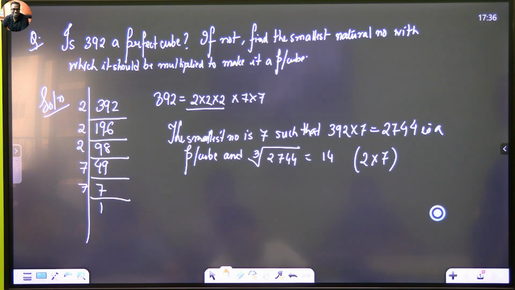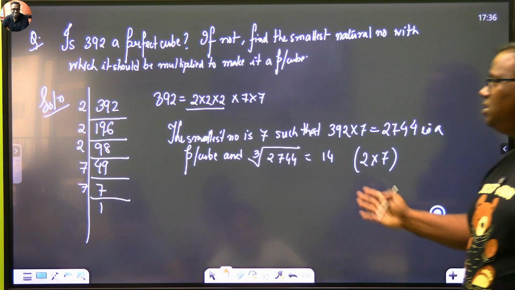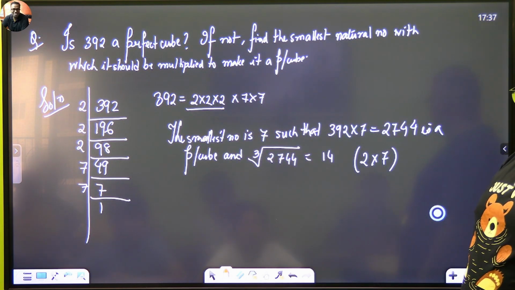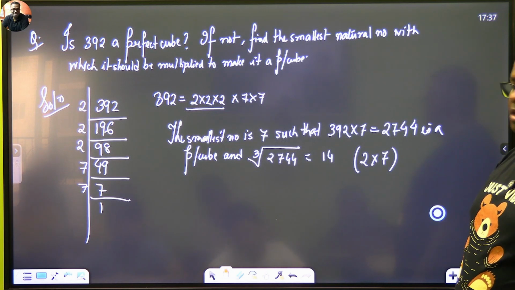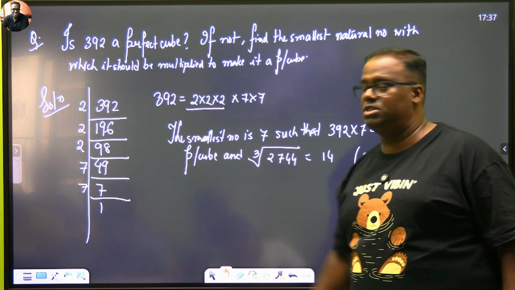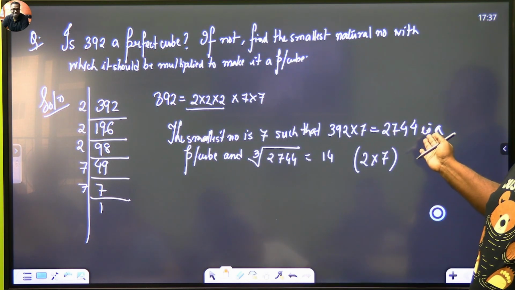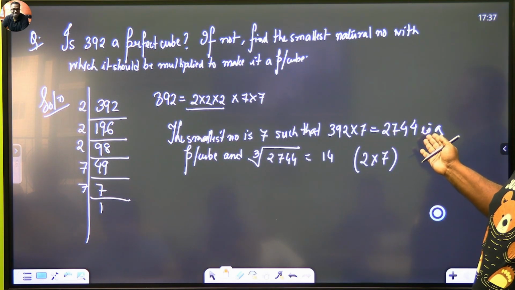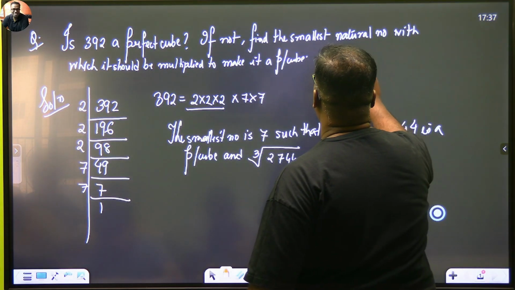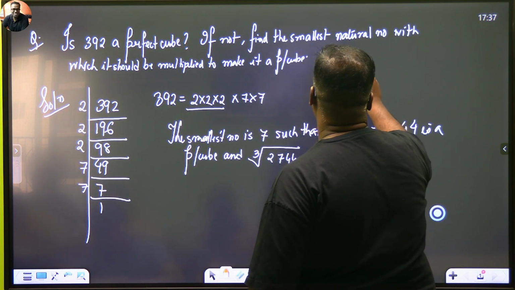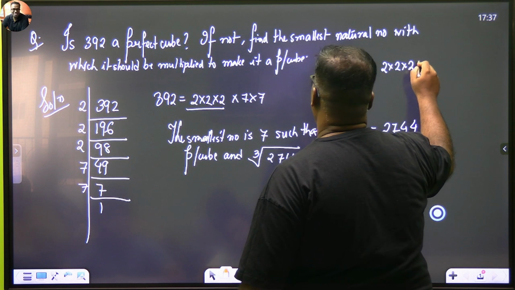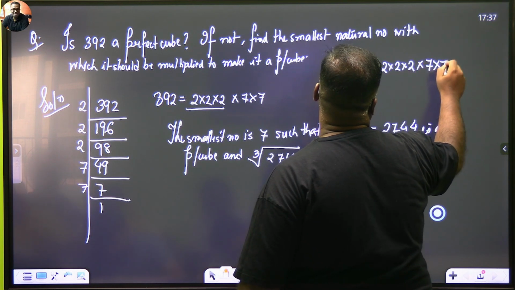Did you understand? So the smallest number with which you multiply it to make it a perfect cube is 7. Did you understand why 7 came? So multiply this number with 7, and you get 2744, which is a perfect cube. 2744 looks like 2 into 2 into 2 multiplied by 7 into 7 into 7.